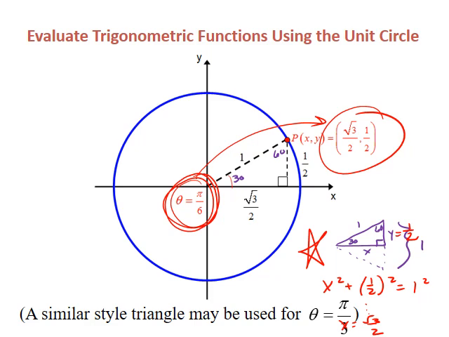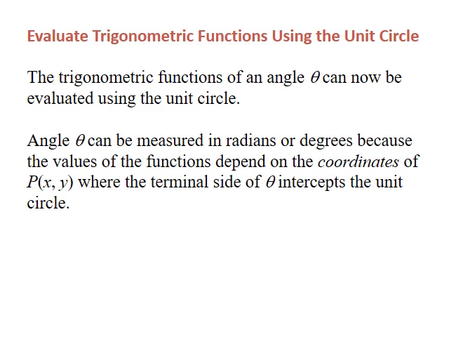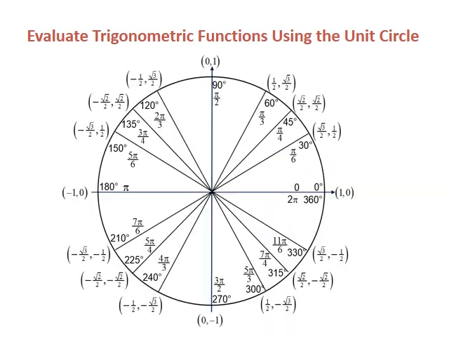A similar style triangle can be shown for pi/3. Again, as I've already mentioned, any angle will have a corresponding set of coordinates, and this is where the unit circle comes from. If I were you, I would take a screenshot of this or find one online, because you absolutely need to know this.